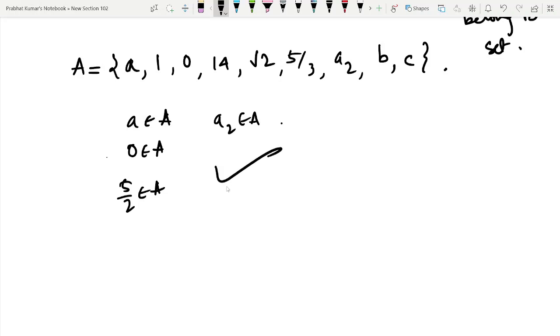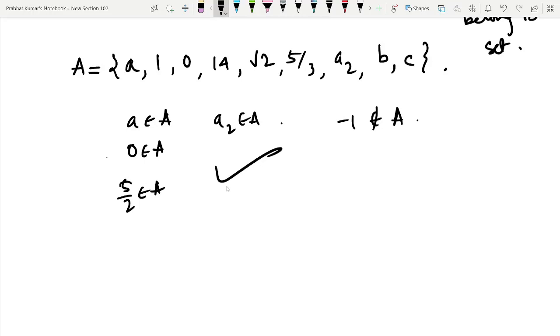Right. So this is the way we are actually writing or using this "belongs to". You can use something like -1 does not belong to it.